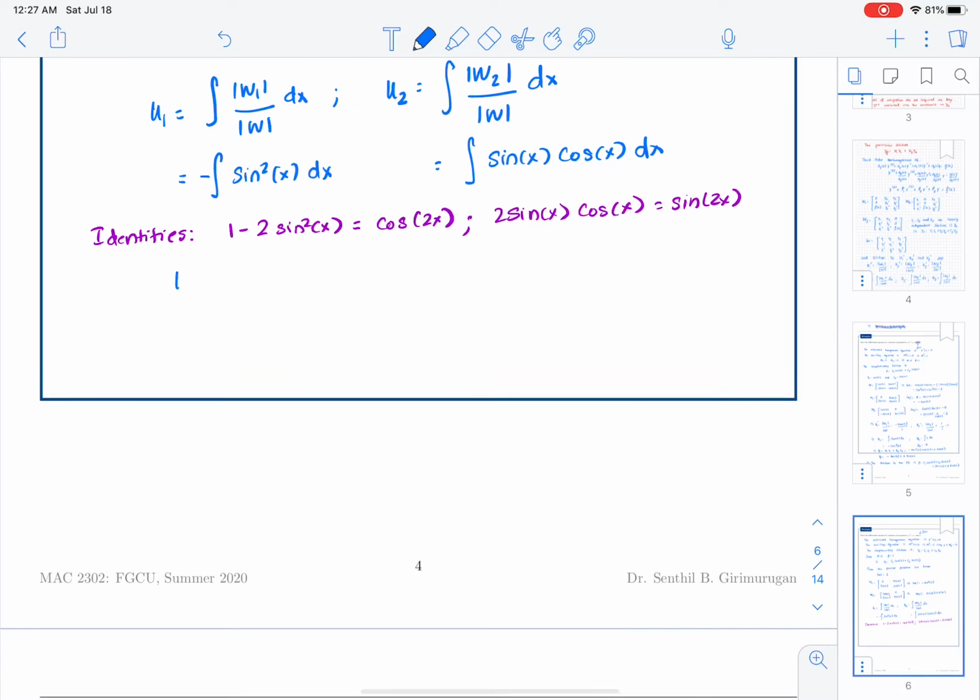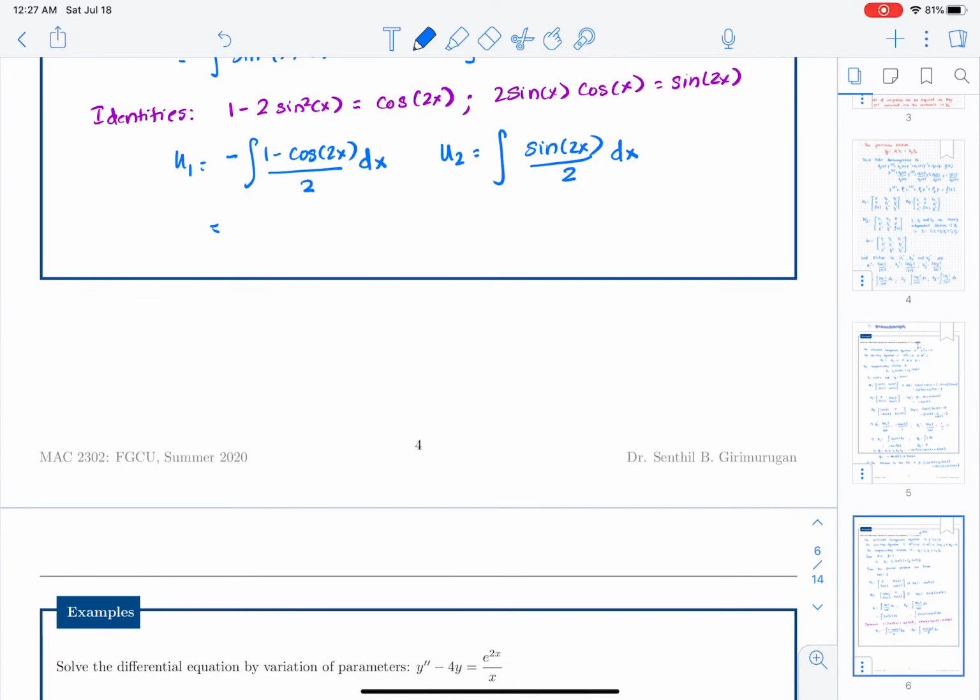So u1 would equal negative integral 1 minus cosine 2x divided by 2 dx. u2 would be integral sine 2x divided by 2 dx.